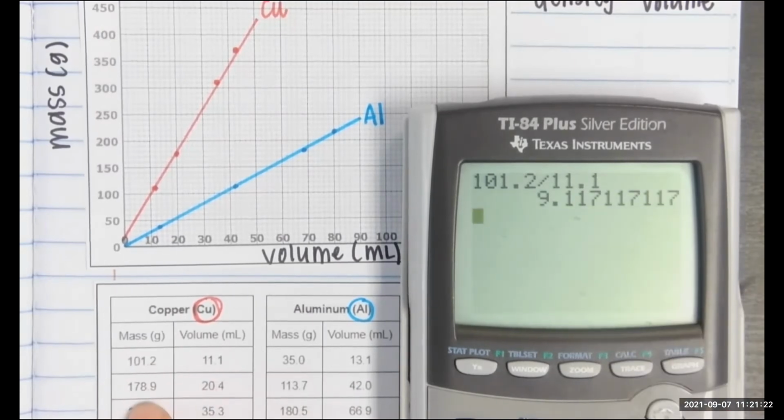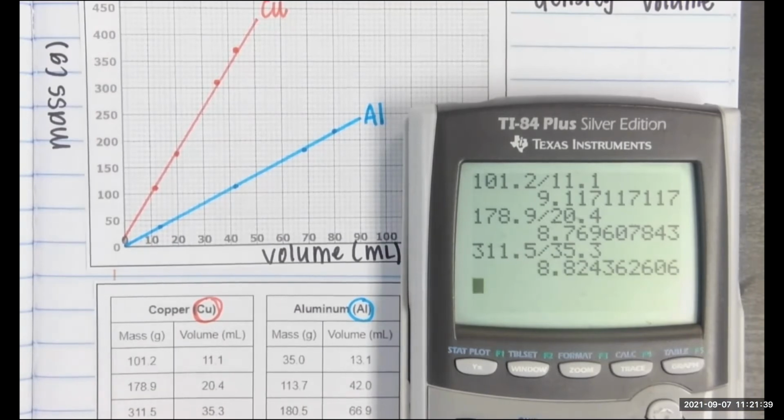This says the density is 9. If I did the next point, it says my density is 8.7. If I did the next one, 8.8.